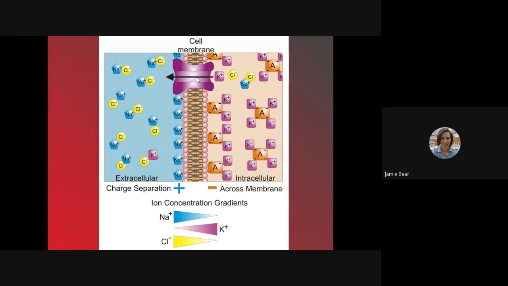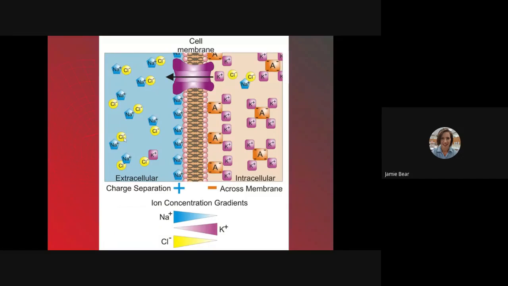This is the cell membrane here, and here is where potassium can move from the intracellular to the extracellular fluid compartment. In the extracellular fluid, we talked before about sodium being the main cation.